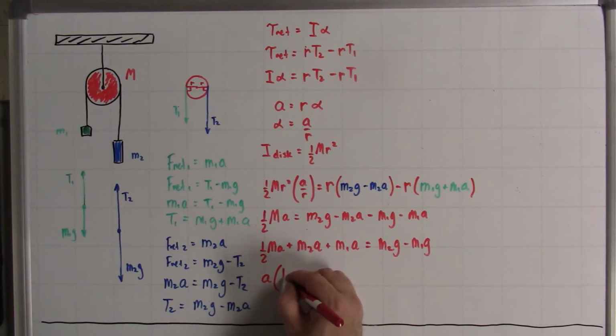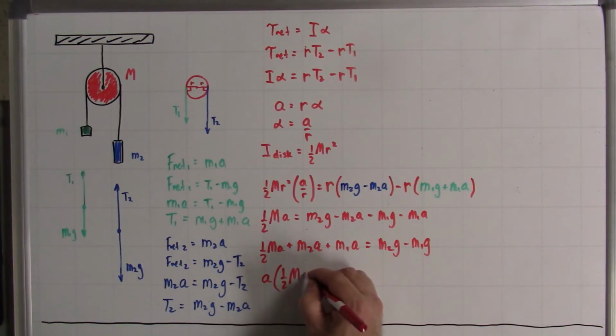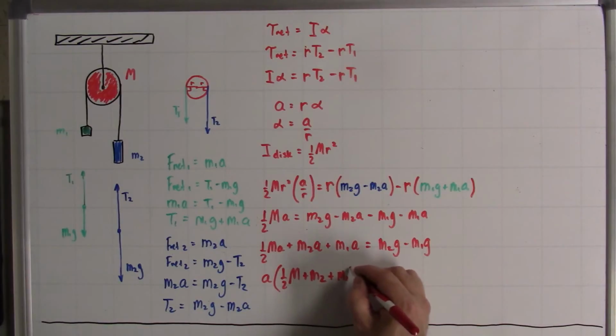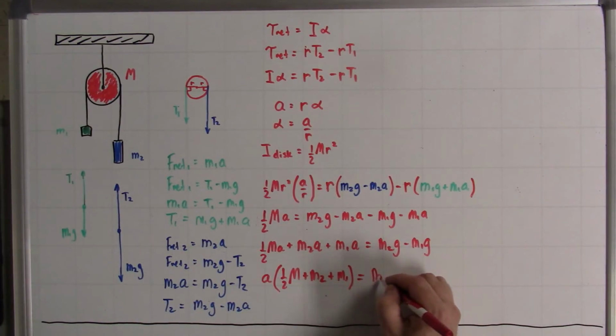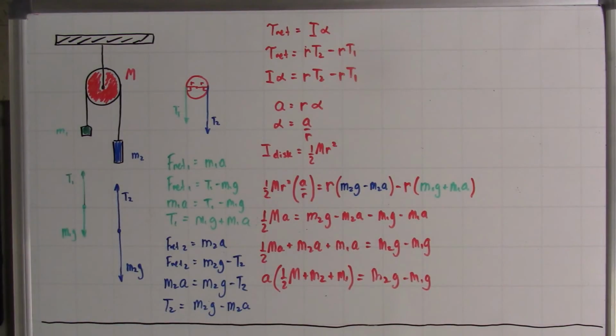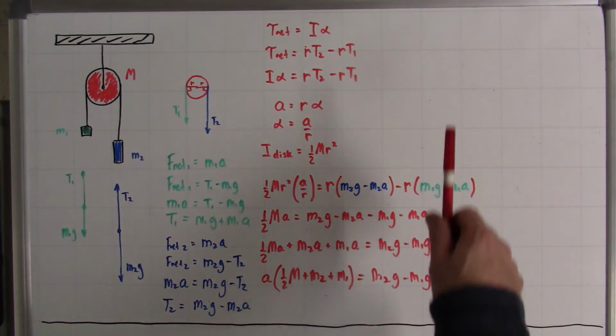Factor out A. And now, looking at this expression, what I see is that I have values for M1, M2, G, and big M here. And if I plug those all in, I should be able to solve for A. So let's do that up here.